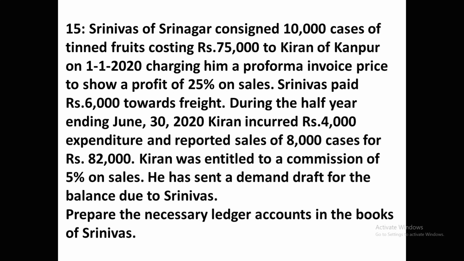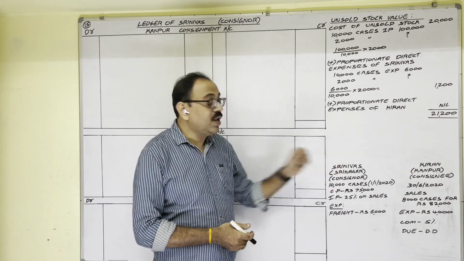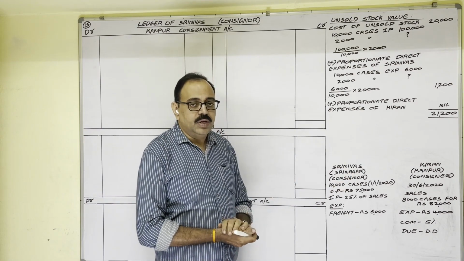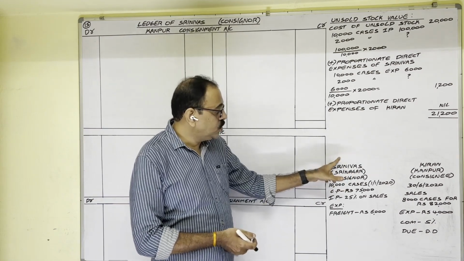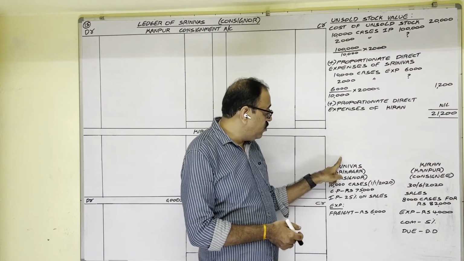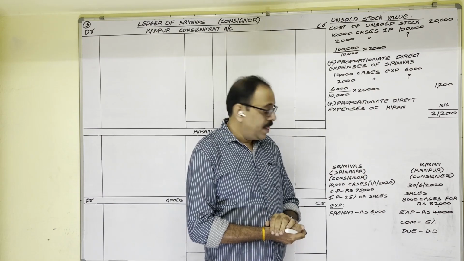This is the question. Let us see the solution for this. Important points of this problem I have written on the board. Srinivas is living in Srinagar. He consigned goods to Kiran, who is living in Kanpur. So Srinivas is the consignor, Kiran is the consignee.